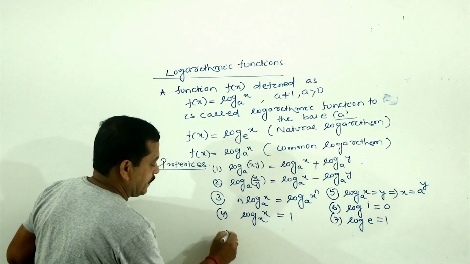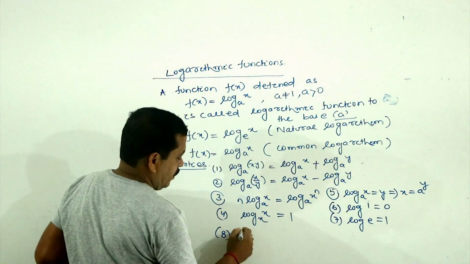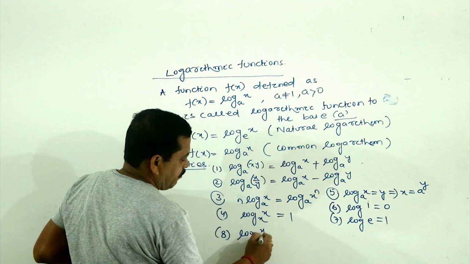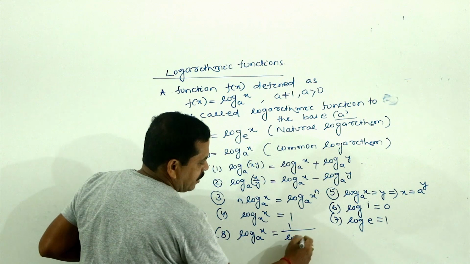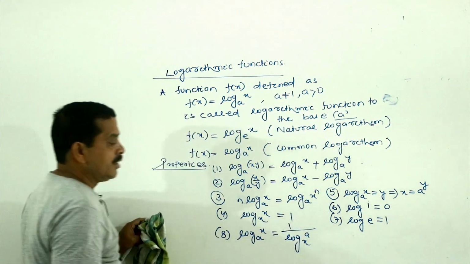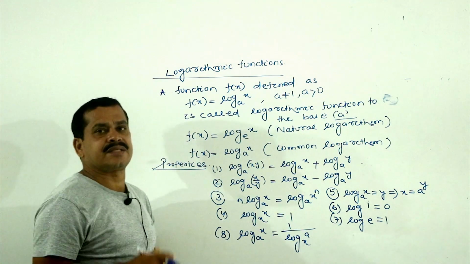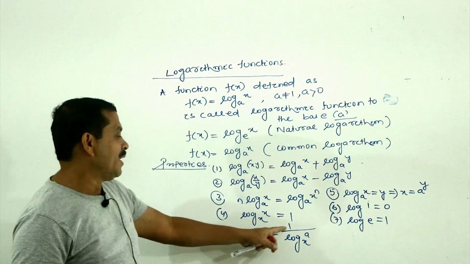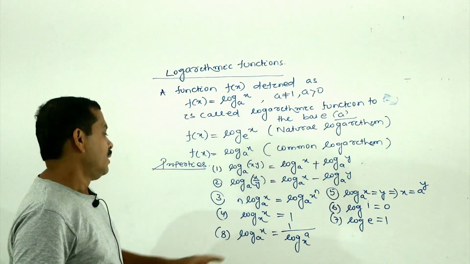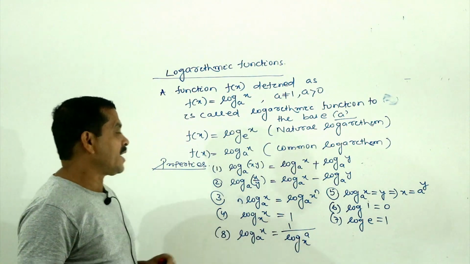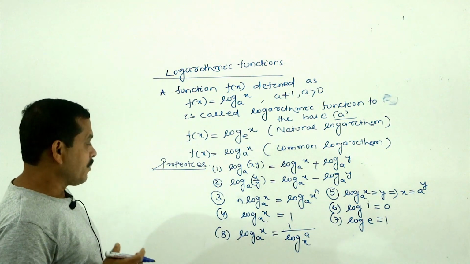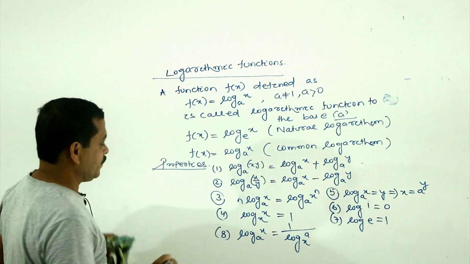Number 8, log x base a is the same as 1 by log a base x. You can interchange the base of the logarithm, then it will be the reciprocal of that. Log x base a is the same as 1 by log a base x. Basic properties of the logarithm.